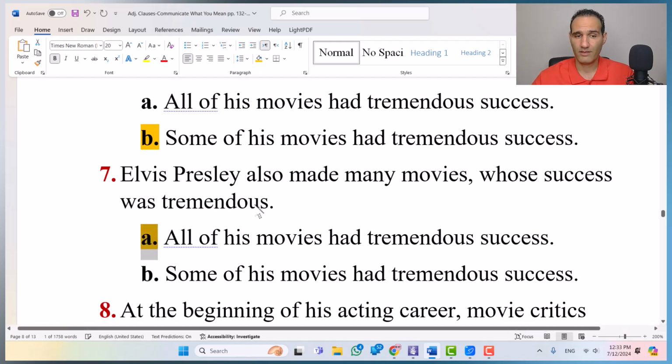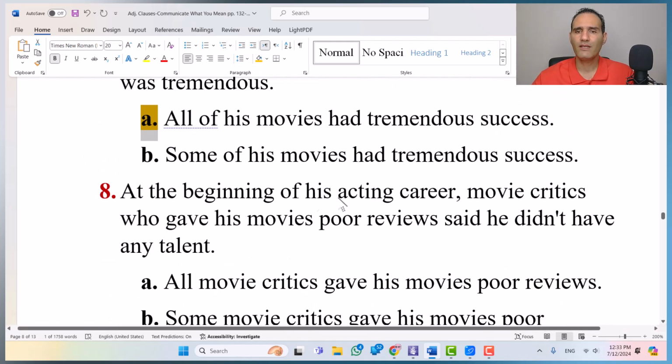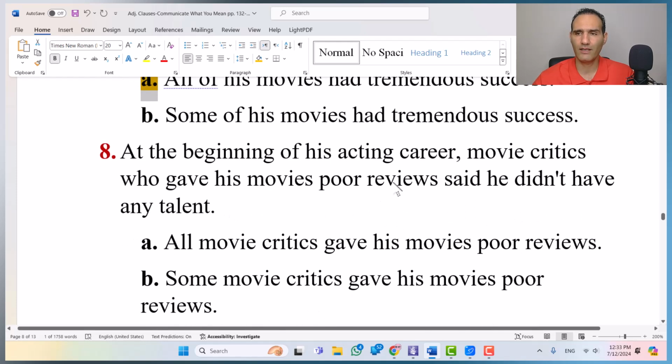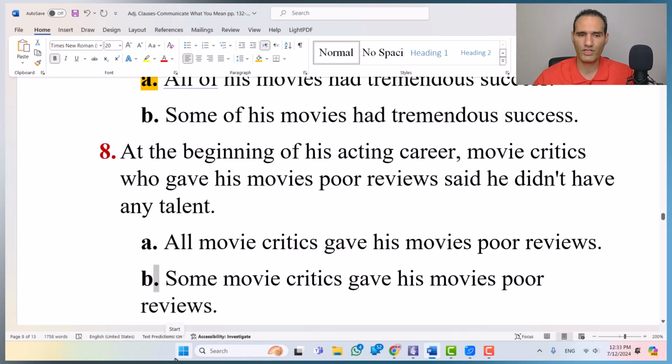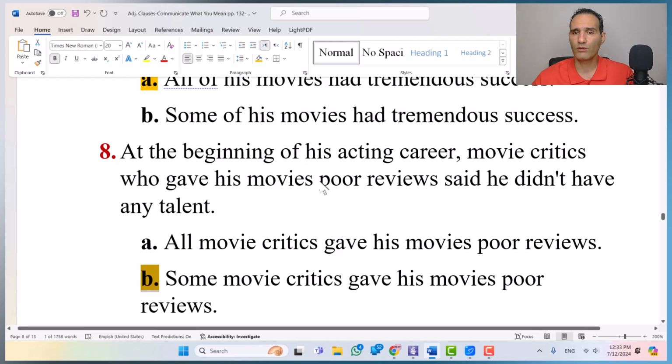Had tremendous success. At the beginning of his acting career, movie critics who gave his movies poor reviews said he didn't have any talent. So, movie critics who, those who, some of them. A necessary adjective clause, just some of them, not all of them. Beautiful collocation, poor reviews.